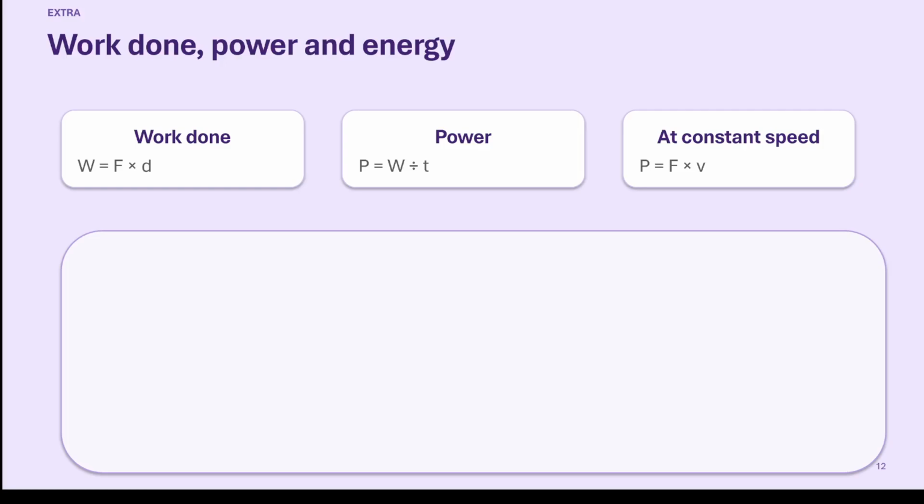Now, work is done whenever there is an object moving. Let's say you're applying a force, trying to move the bed. Are you going to lose some energy? Are you going to get tired if your mom asks you to move the bed by some distance? So where is your energy going? Your energy is going into doing this work.